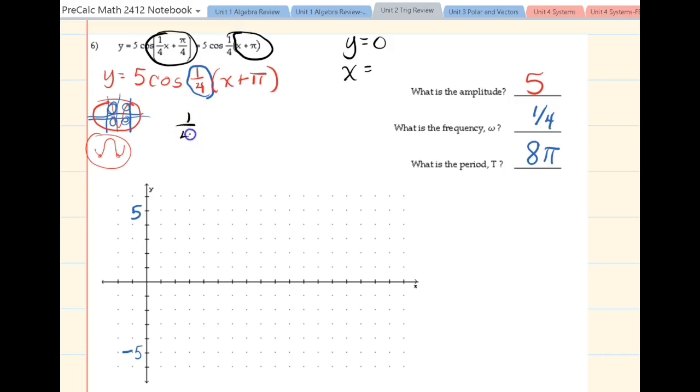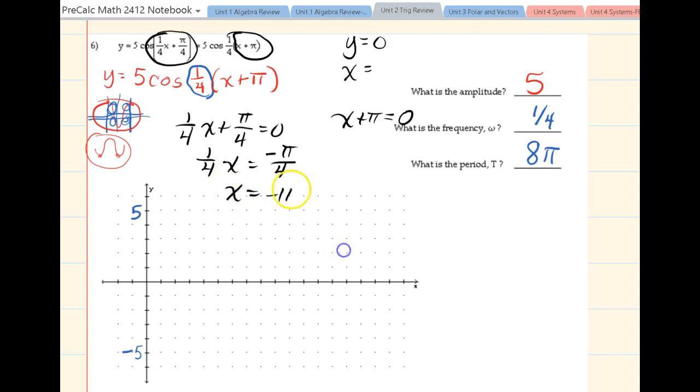If I set 1/4 x plus pi over 4 is equal to 0, or even if we just get x plus pi is equal to 0, when we solve, I'm going to get 1/4 x is equal to -pi over 4. Multiply both sides by 4, x is equal to -pi. If I solve this one, I still get x is equal to -pi.